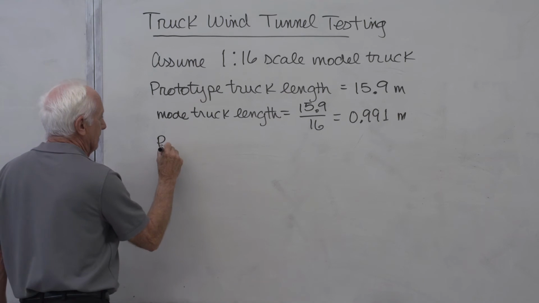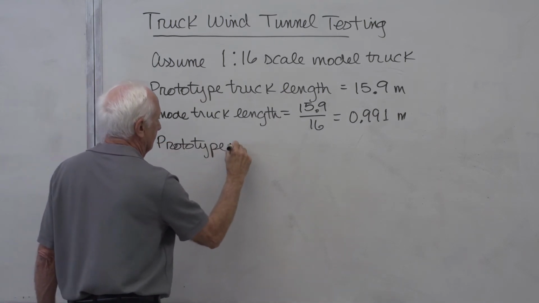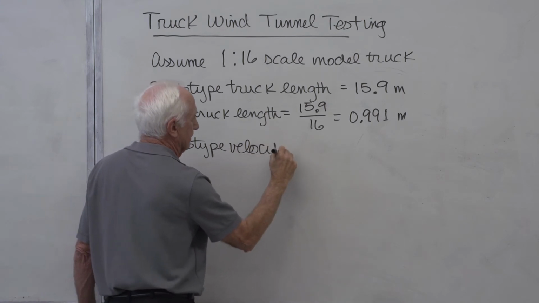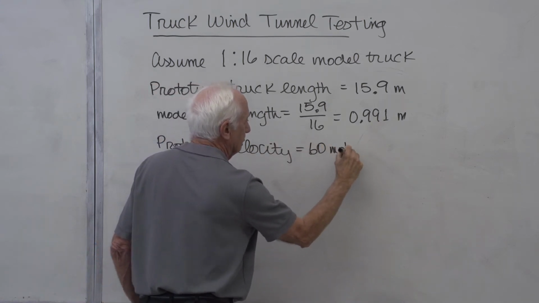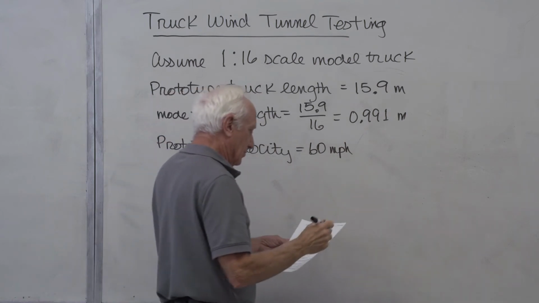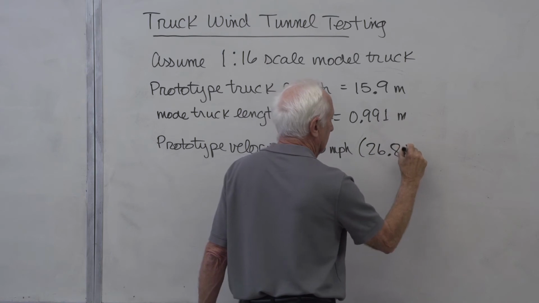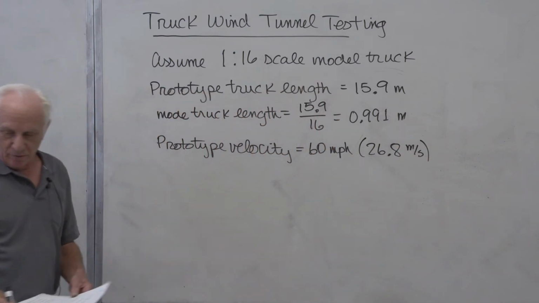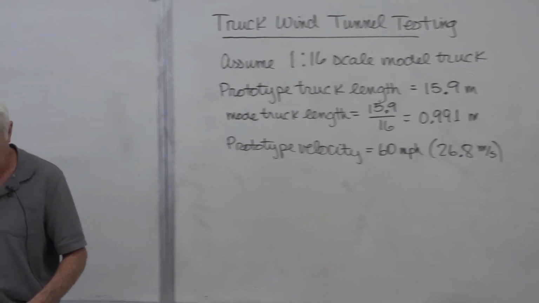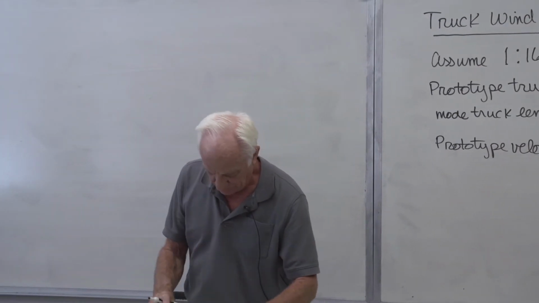Prototype velocity of the truck, we're going to assume it's 60 miles an hour, 26.8 meters per second. And we're going to run a wind tunnel test for a model of that truck.